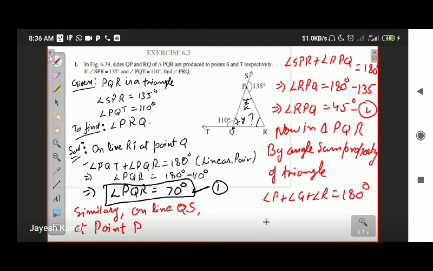Okay, we already determined the value of angle P, that was 45 degree. Angle Q was determined as 70 degree, plus angle R is equal to 180 degree. Okay, so finally, you will get the value of angle R is equal to 65 degree. You will add 70 plus 45, that will be 115. From 180 degree, you will get 65 degree as your final answer.